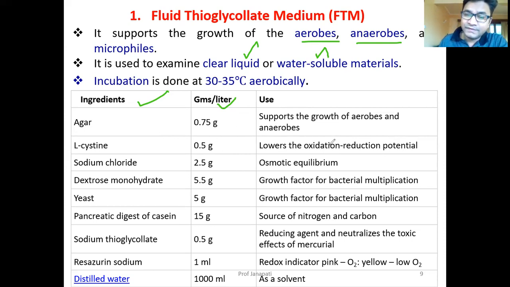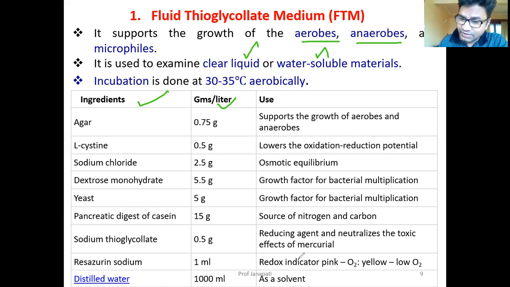Cysteine lowers the oxidative reduction potential, that is an antioxidant property. Sodium chloride, salt; dextrose, food material; yeast, food material; pancreatic digest of casein, source of nitrogen and carbon.